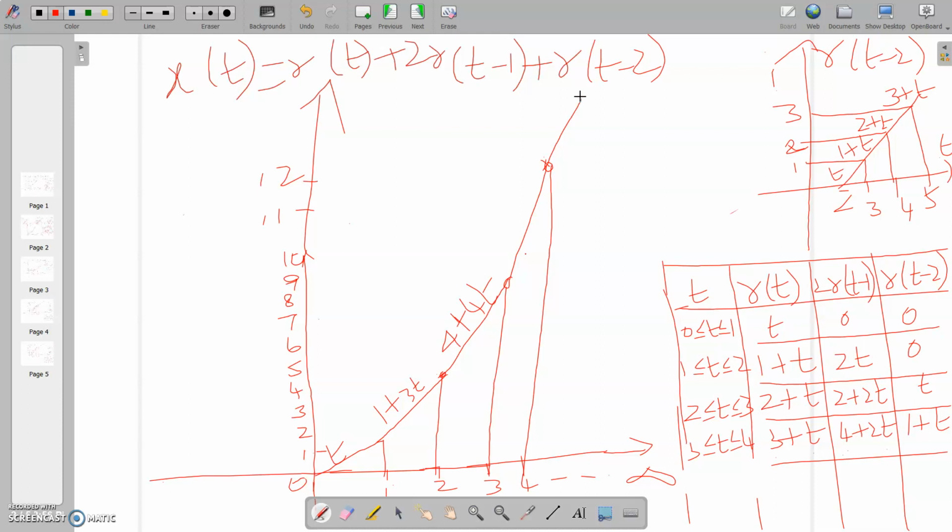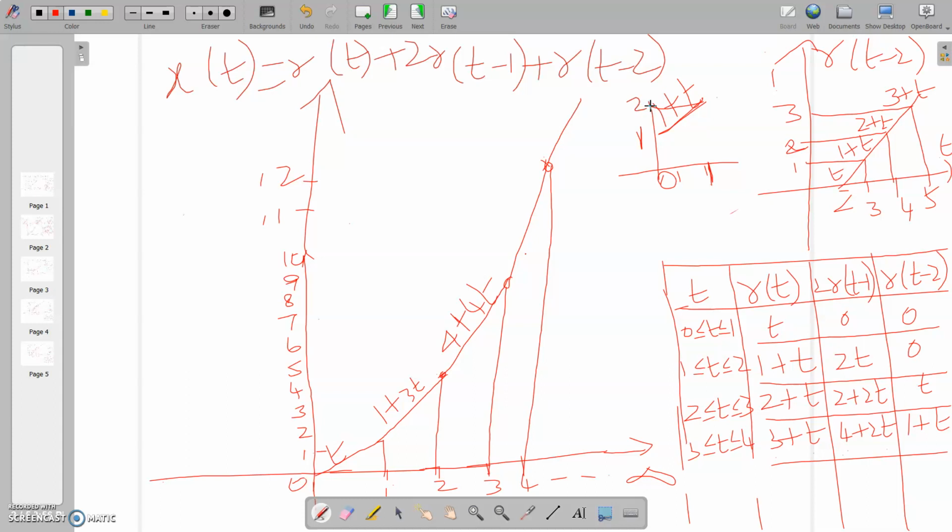The only thing you have to consider is for 1 duration, if it is increasing, suppose it is 0, this is 1. For 1 duration, if it is increasing from 1, then I have to represent it as 1 plus t, because if suppose the amplitude is 2, it is increasing from 1 to 2.